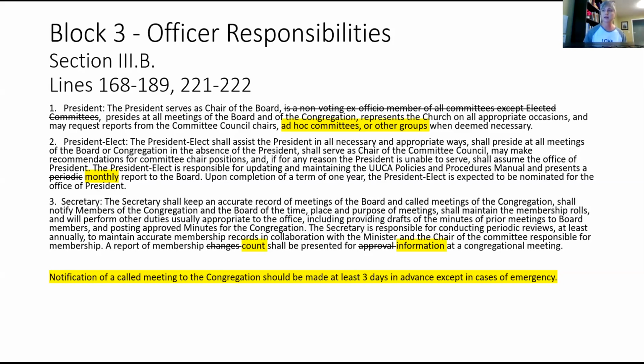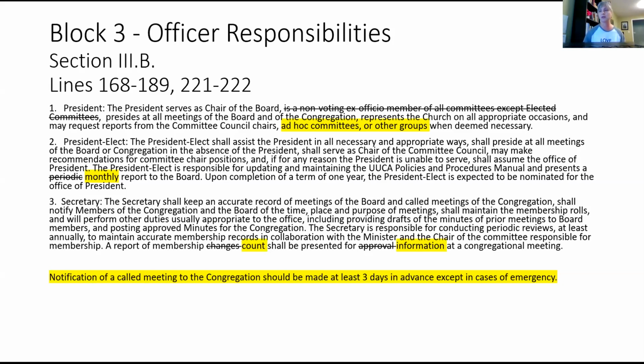The second item on the screen is for president-elect. This is simply changing the word from a periodic report to a monthly report, so that it's expected for the board president-elect to communicate what's going on with the committees each month. There's a lot going on, and so we thought that was important.